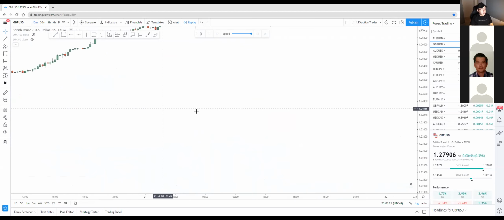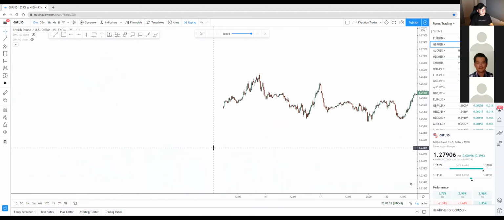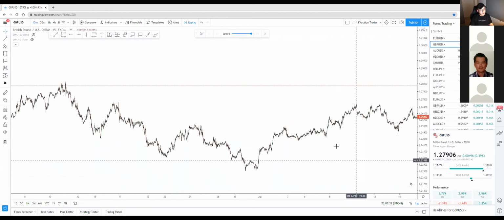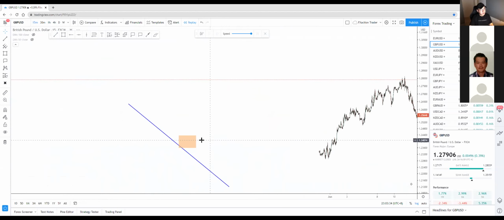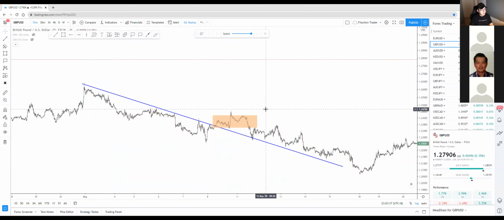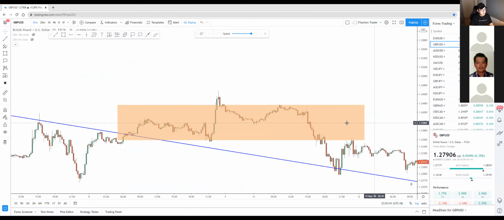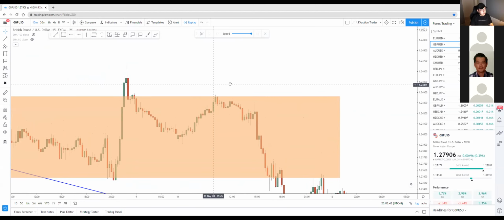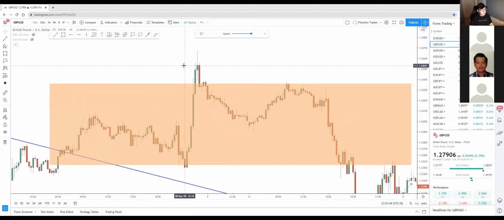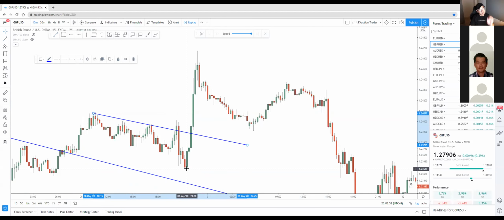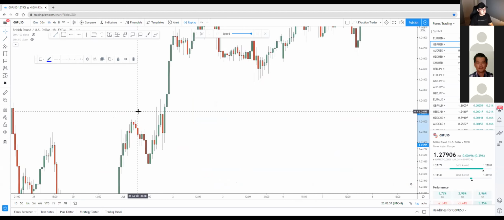We go to M15. Okay, that's here. So probably I will be missing out this trade, because market just broke up and broke down.